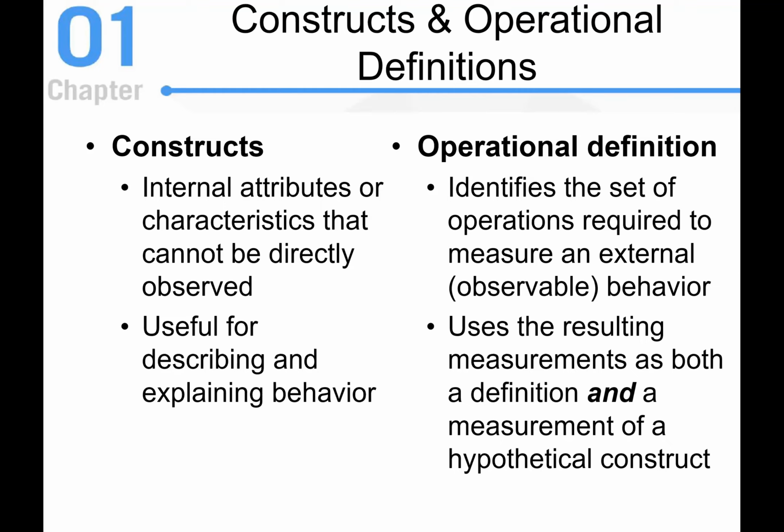So what we can do is say, hey, happiness is you smiling X amount of times in a certain period of time, all right? Or happiness is we've created this assessment, this test that measures happiness. And if you score high on this test, then we will say that you are happy, all right?